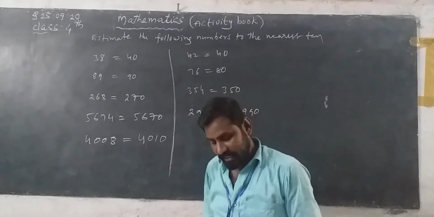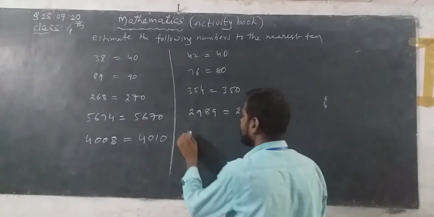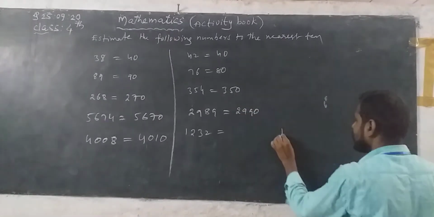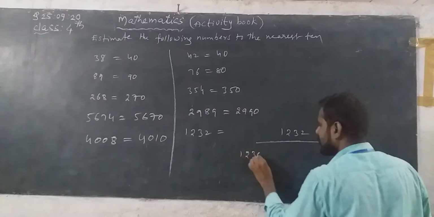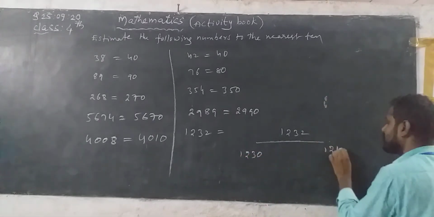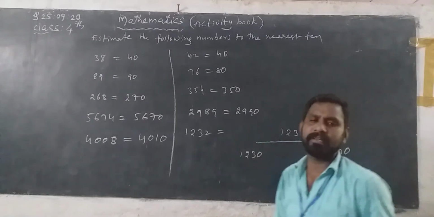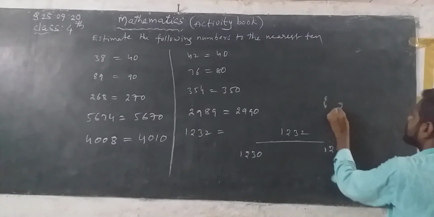Next, 1232. 1232 lies between 1230 and 1240. So while you are rounding the given number to the nearest tens, you compare the digit in the ones place. So here the ones place digit is 2. 2 is less than 5.